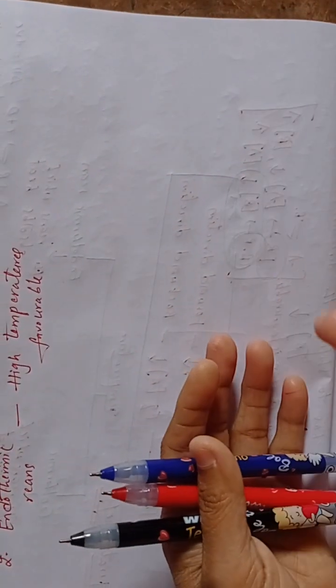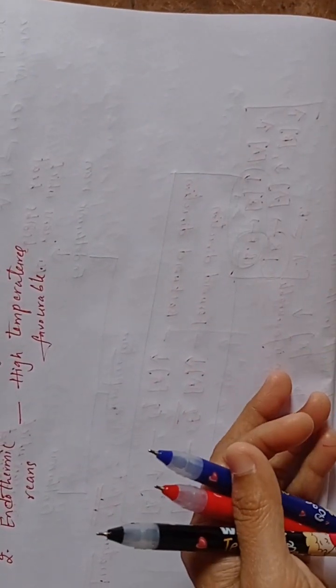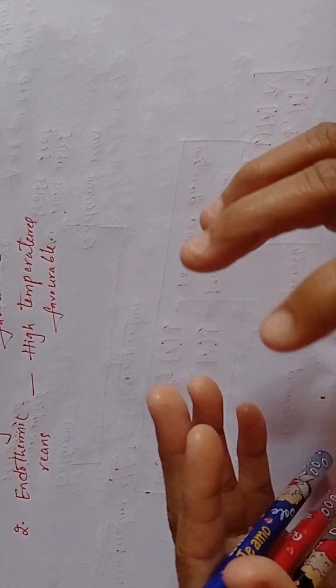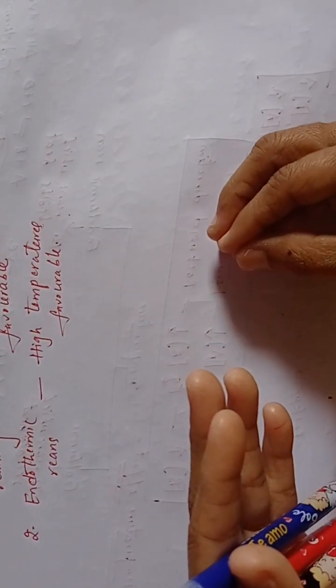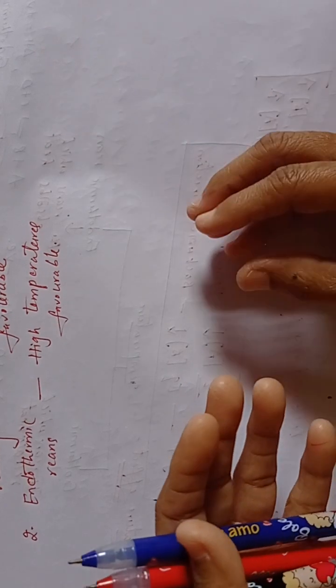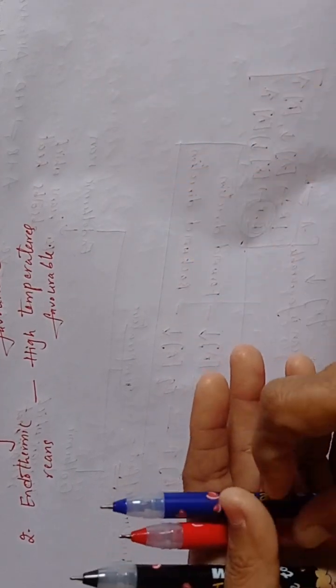But in the case of some reactions, students, along with the reaction they will mention plus Q or minus Q. Understanding? So there, how do we identify an exothermic or endothermic reaction?